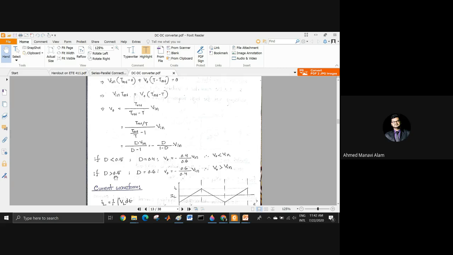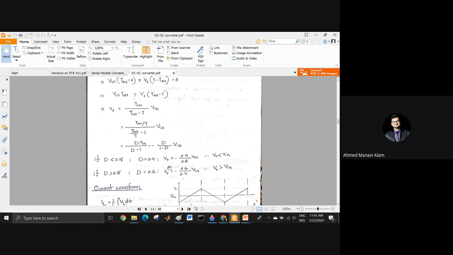If D is greater than 0.5, that means if my duty cycle is greater than 50%, suppose D is 0.6, then if I put 0.6 here, 0.6 divided by 1 minus 0.6, that is 0.4, and whenever you try to find it, you will see that it will be greater than 1. If it is greater than 1, that means V0 has to be greater than Vin.